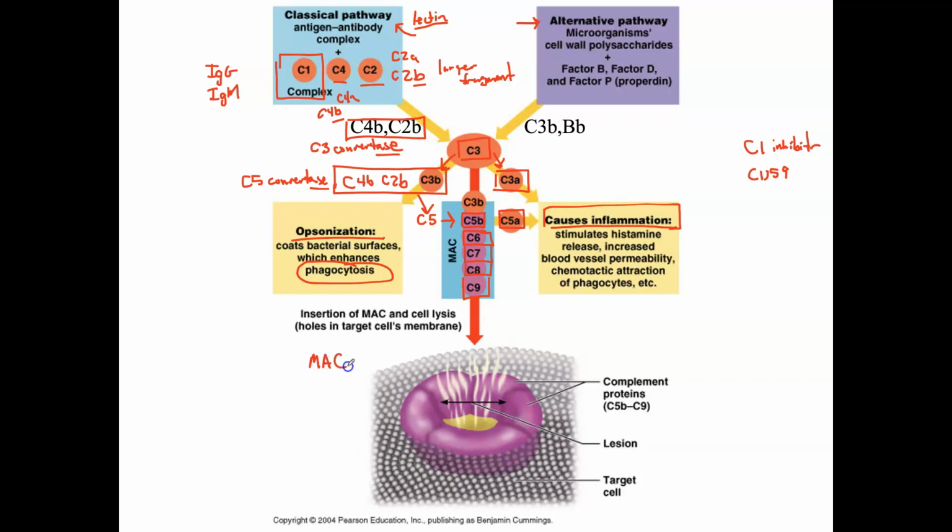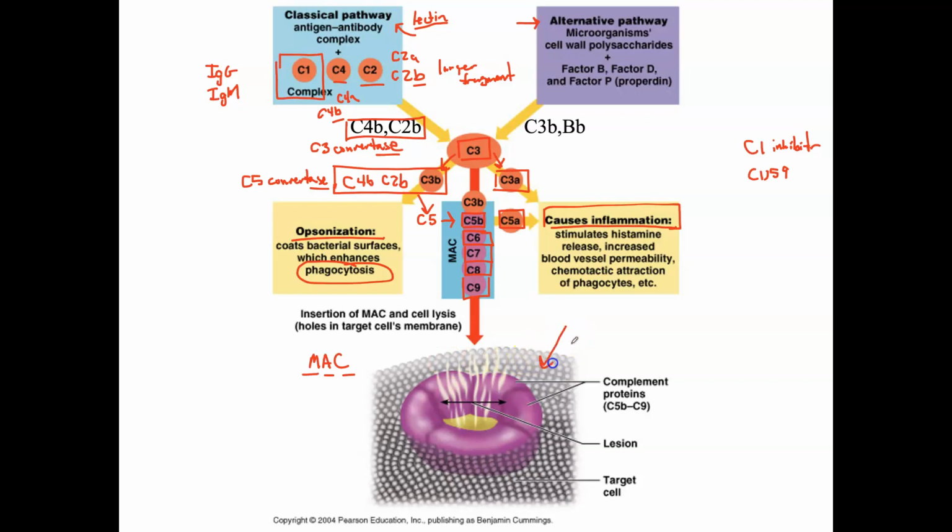So the MAC, or membrane attack complex, is actually made up of these 5 complement proteins, starting with C5b, C6, C7, C8, and C9. And what these complement proteins do is they insert themselves into the wall of the pathogen.